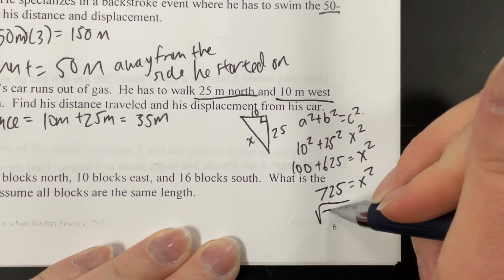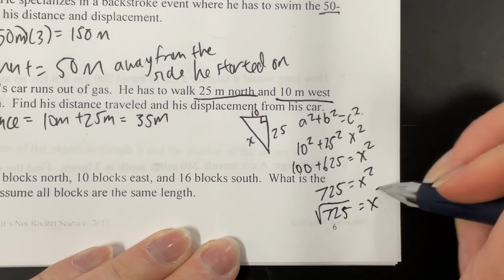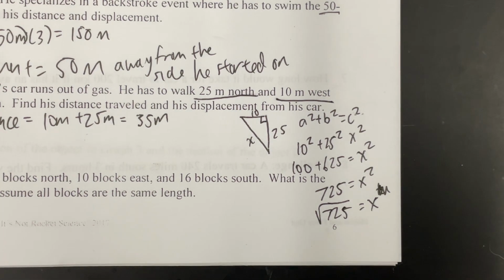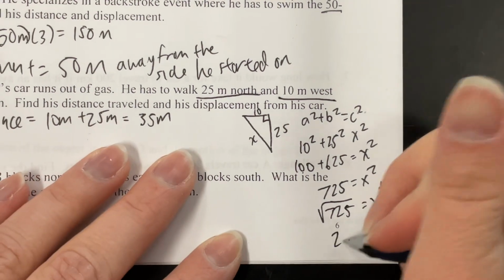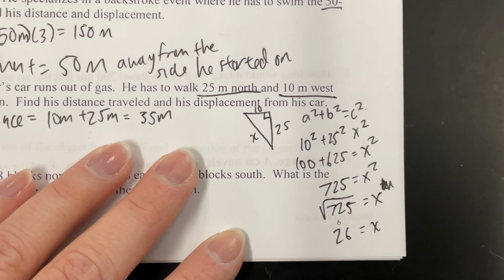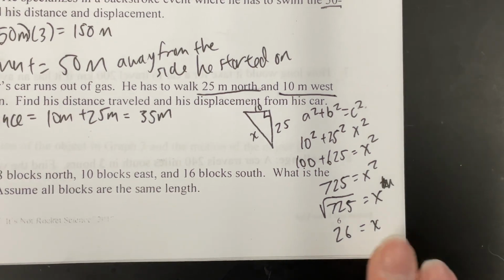So we're gonna type the square root of 725 into our calculator. Oop, that undid our squaring. So let's see here, the square root of 725. Did anyone type that in? What is it? 26, he says it's 26, I believe him. Okay, so he said 26 is gonna equal our x. So that's gonna be our displacement then.